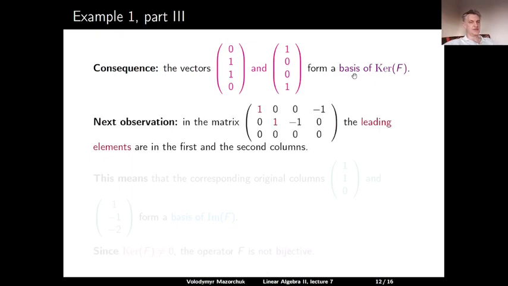And the next observation is that, again, in the matrix which we obtained after Gauss elimination, the leading elements are in columns 1 and 2.